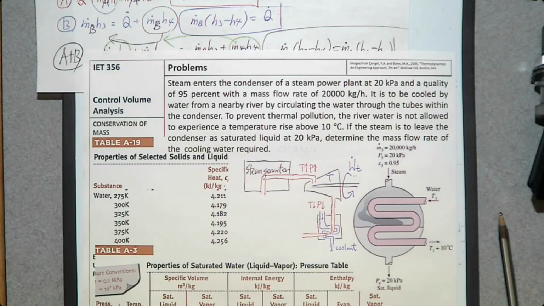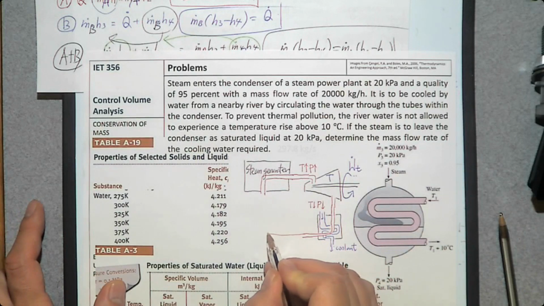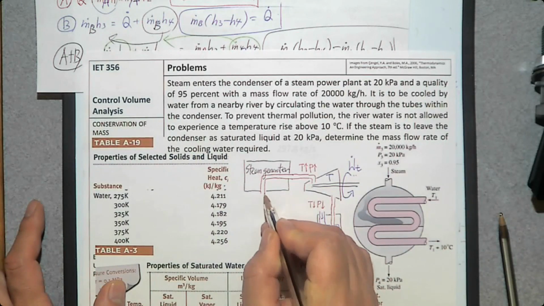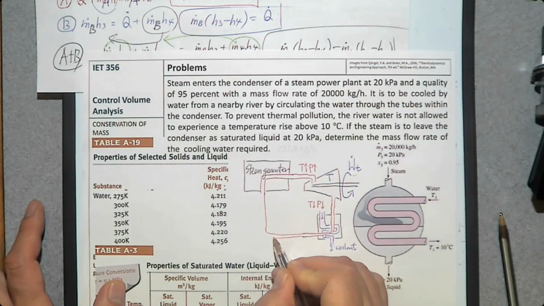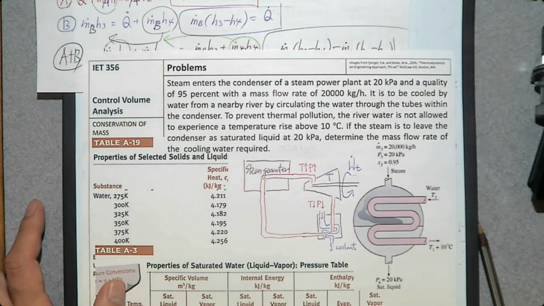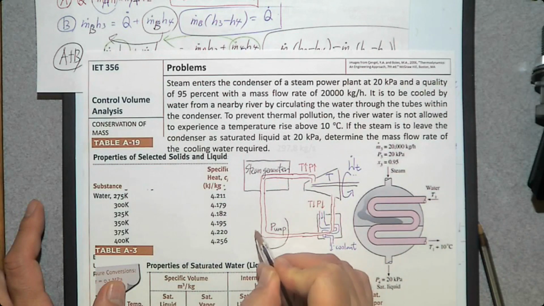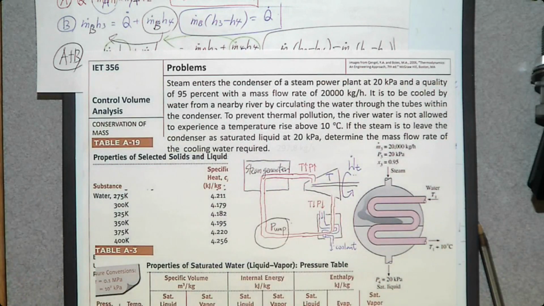Now we are ready to put this back to the steam generator so we can produce good quality steam. But we don't have power anymore, so let's use a pump to pump the water back to the steam generator.